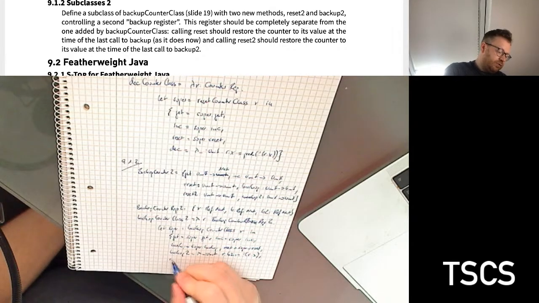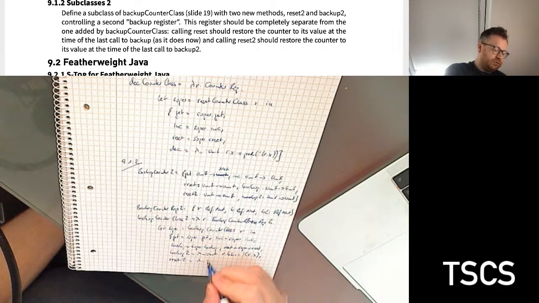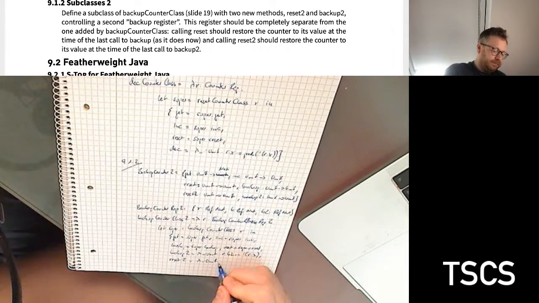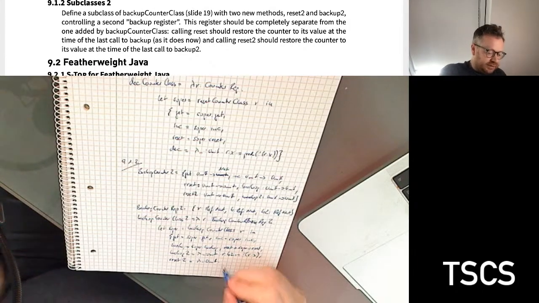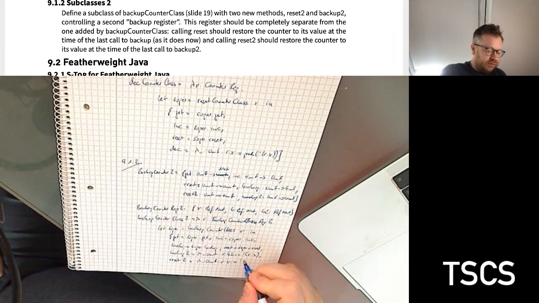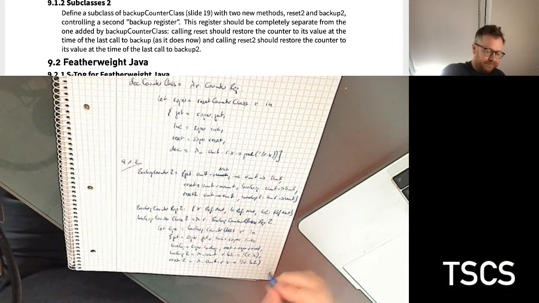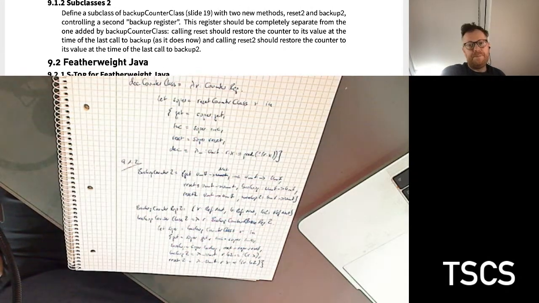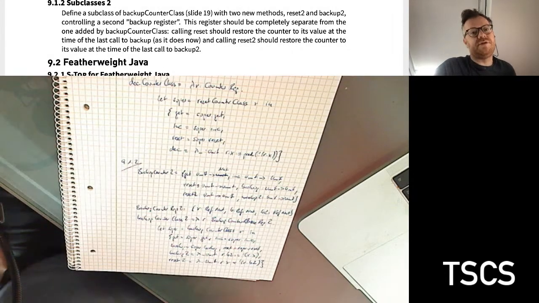And then of course we need reset2, which is also a lambda function with a wildcard, which sets Rx to the dereferenced value of the second backup B2. And there you go. And this is the implementation for that.